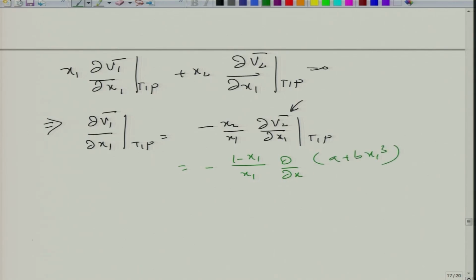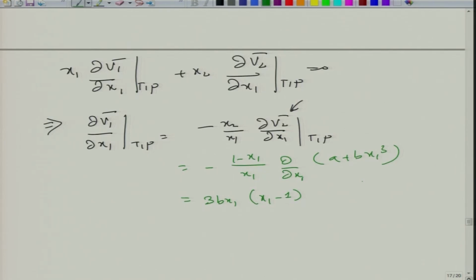Okay. So, I have now the expression. If you take the derivative with respect to x1, then essentially this is going to be 3 b x1 square, and finally 3 b x1, because this will cancel 1 by x1, and hence I got this expression. Okay.